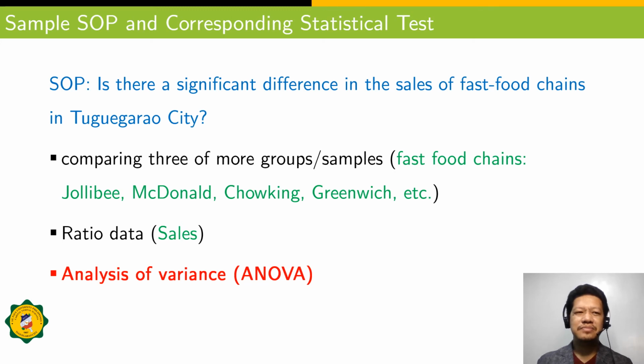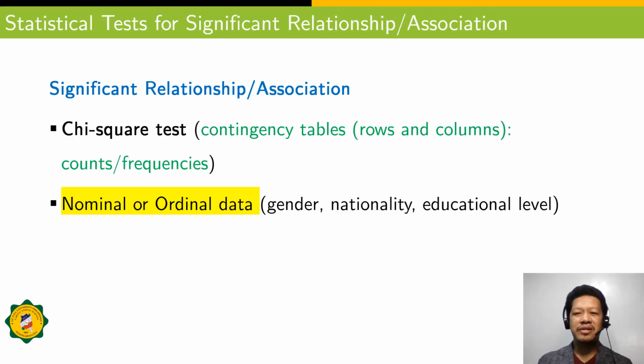And we're done with test of significant difference. Let's proceed now to test of significant relationship or association, especially if our data are in nominal or ordinal data. They are categorical or what we call qualitative data, such as gender, nationality, educational level.